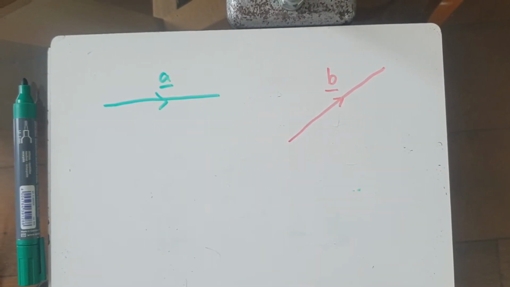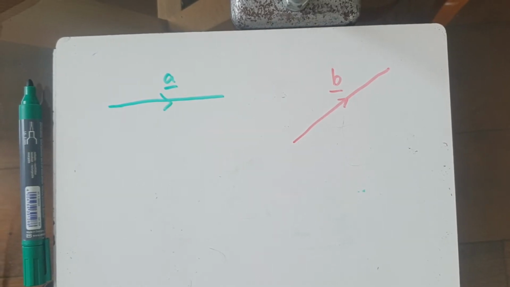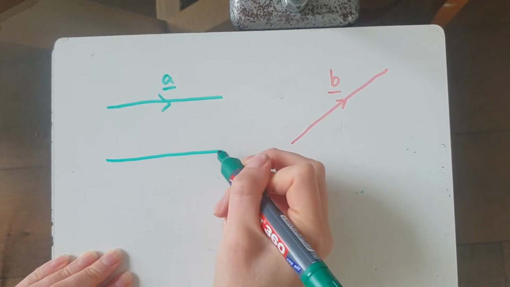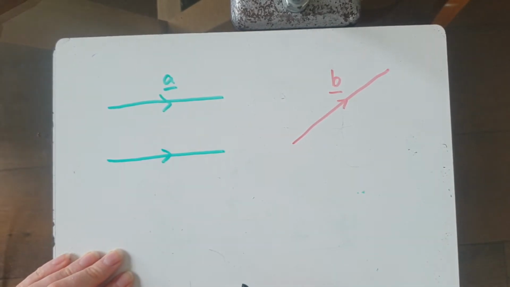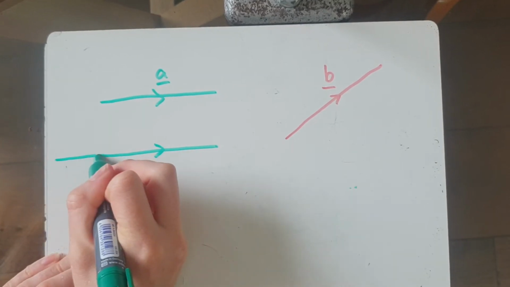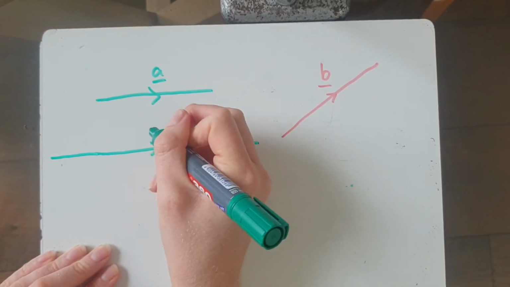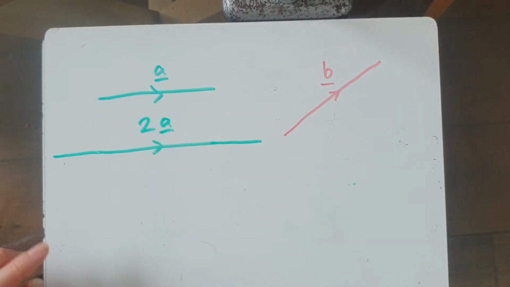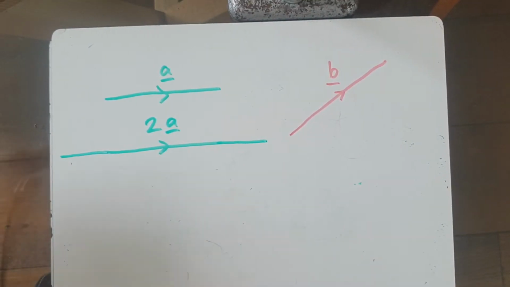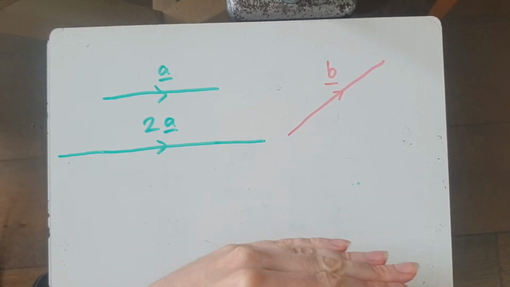Now let's say I've got two vectors A and B. We already know that A would be parallel to A. But what if I made it twice as long? So I've got 2A. They would clearly still be parallel. It is the same direction that they are moving in.